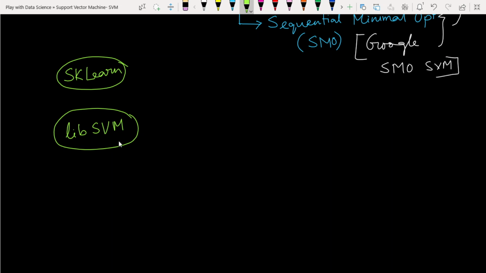Just type libSVM Python and you can find it easily. This library is designed only for SVM, whereas sklearn has many kinds of regression and classification techniques and more.